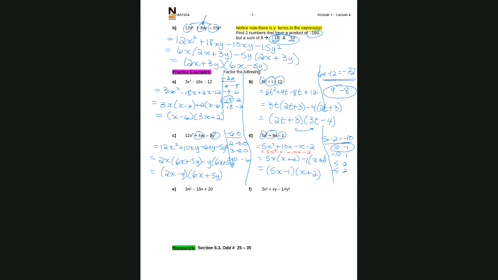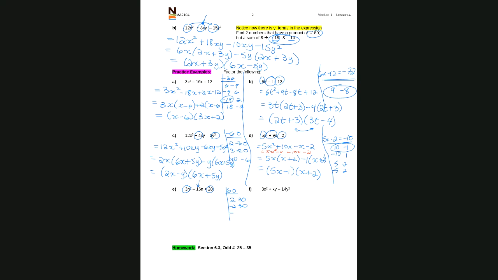Okay, so for E, we have a product of 60. Okay, so list all the products of 60. And that's positive 60. So we have two options. We have two positives multiplied together and two negatives. Okay, notice that the result has to be a negative. So those are going to be two negatives.